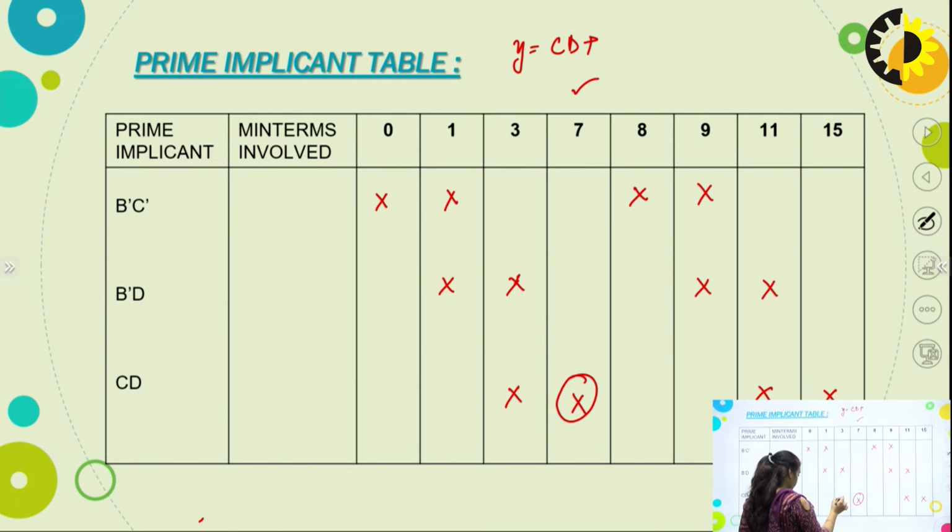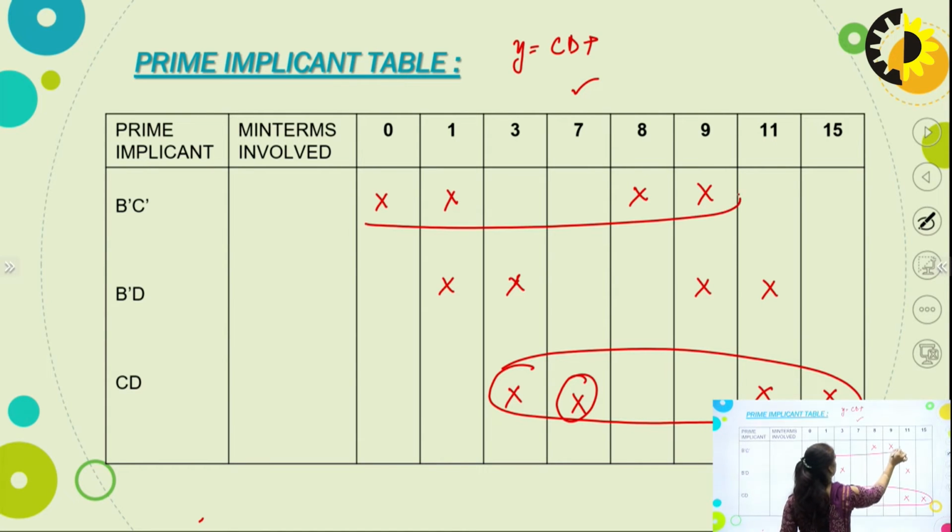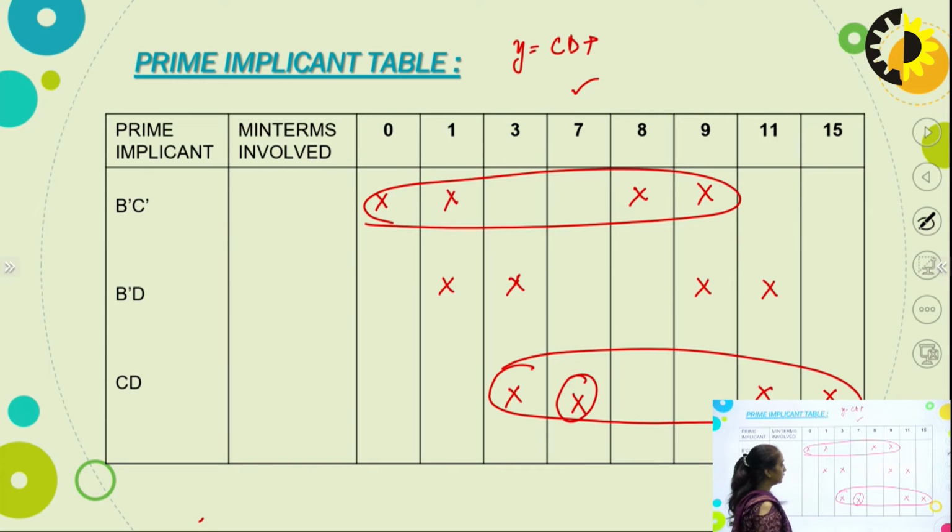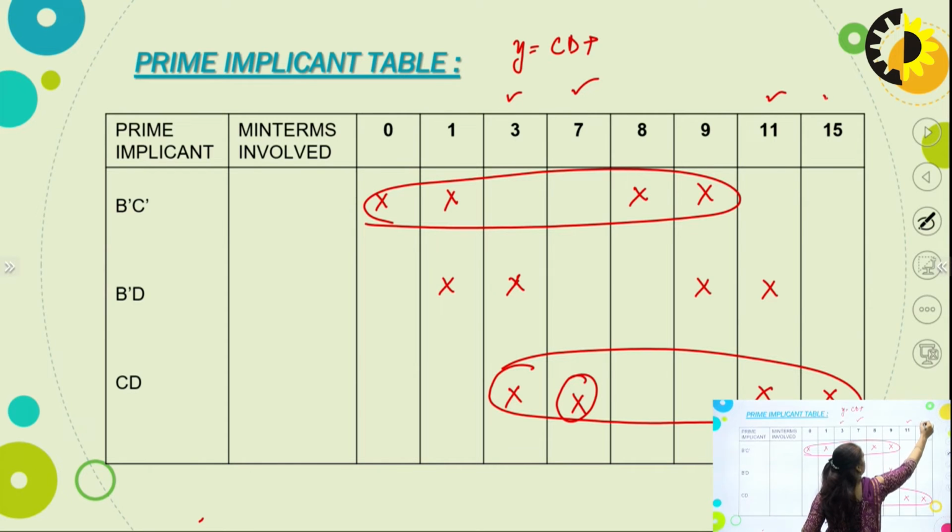So we will pair these and these, okay. These two we can pair. CD I have already paired. Under this CD, it will also cover minterms 3, 11 and 15. So my 3, 11, 15 and 7 are covered under CD, right.